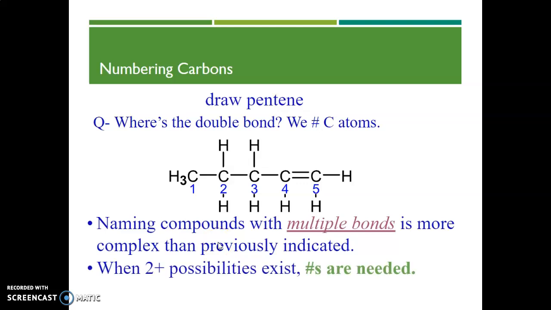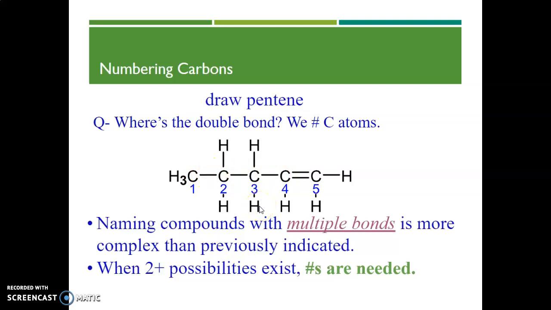This case, like I said, I have to indicate exactly where that double bond is in this compound, because I can have a double bond between these two carbons, of course, over here and over here as well.